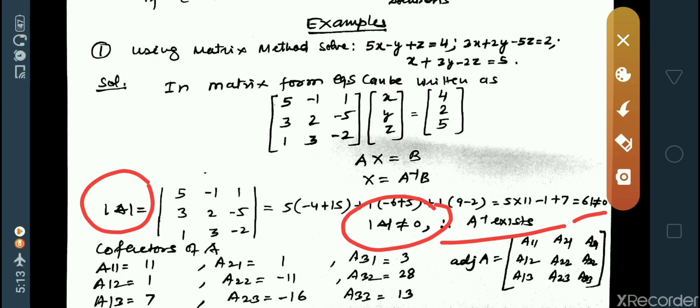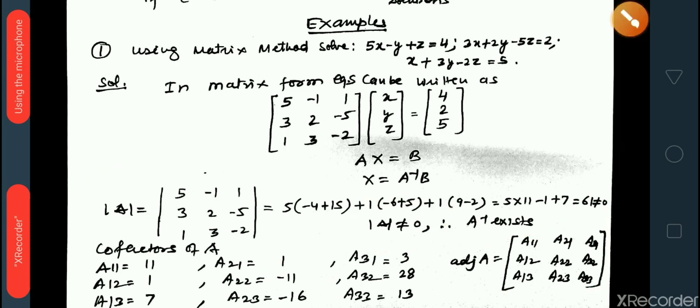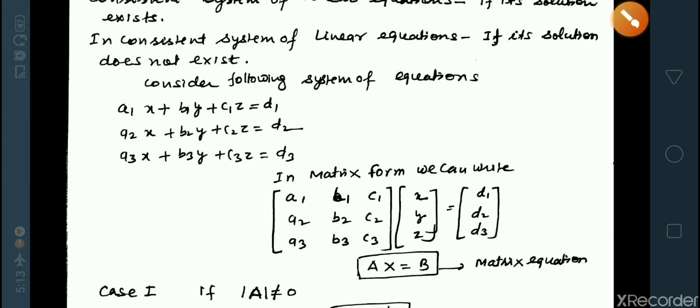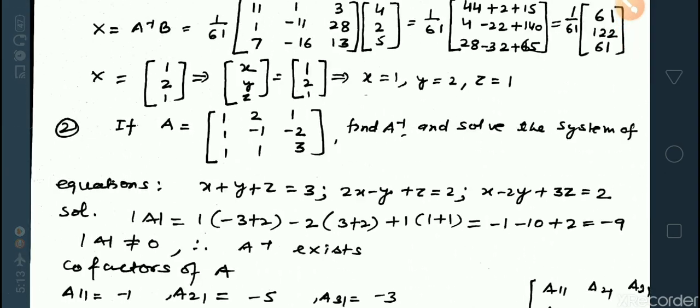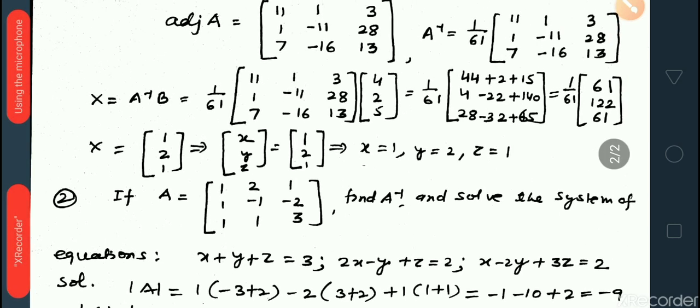Now find cofactors of A like this, and after finding cofactors, find adjoint of A, and after finding adjoint we shall find A inverse. Okay, so move to page 2. Yeah, this is the adjoint of A.